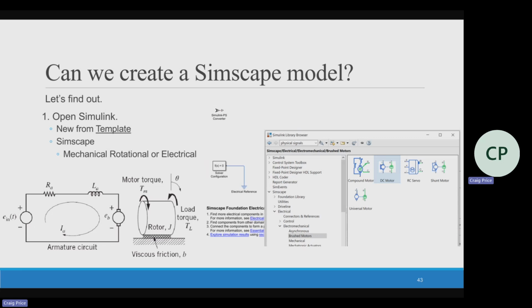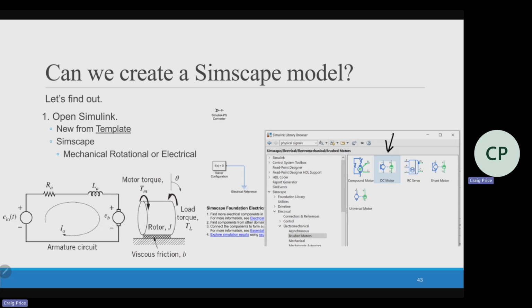In Simulink, I would open Simulink within MATLAB. I would do new from template, SimScape. I would do either mechanical, rotational, or electrical. For example, I did electrical just as a starting point because the motor involves those two different parts. There is also a DC motor block, and you should have that.